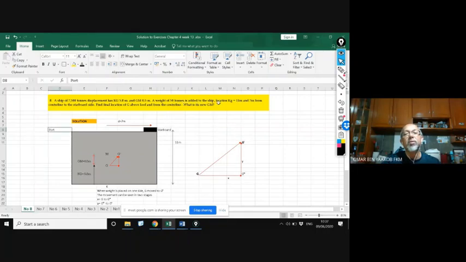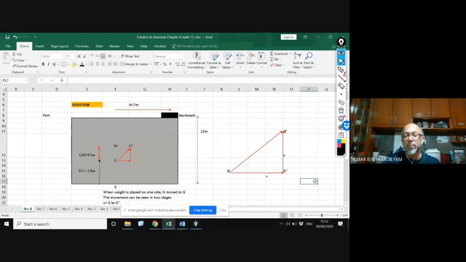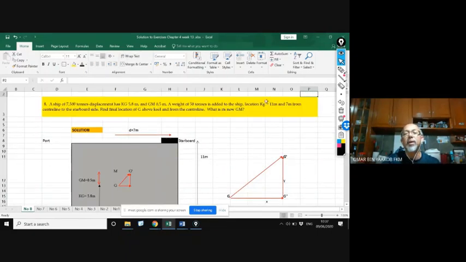So it's added to the ship, location KG 11 meter, right? So this height is 11 meter and 7 meter from the center line. So this is the center line here. So this is 7 meter. I call it D here, and I can call it H here, right?